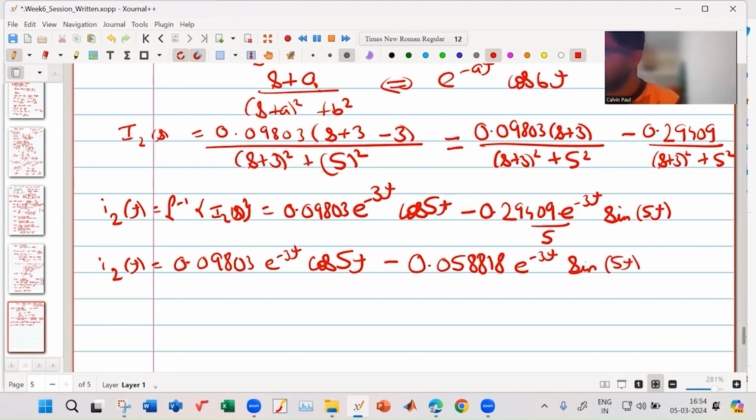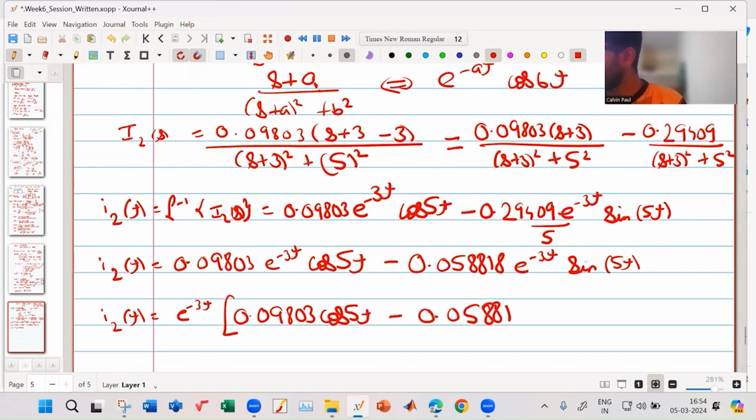So I2 of t is e raised to minus 3t into 0.09803 cos 5t minus 0.058818 into sine 5t.